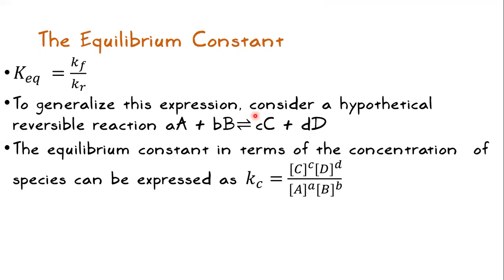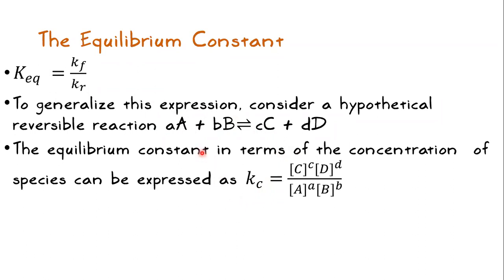We can now generalize and write that the equilibrium constant, K equilibrium, can be written as Kf over Kr. That is the rate at which the forward reaction is going over the rate at which the reverse reaction is going. We want to generalize a formula that we can use to calculate the equilibrium constant.